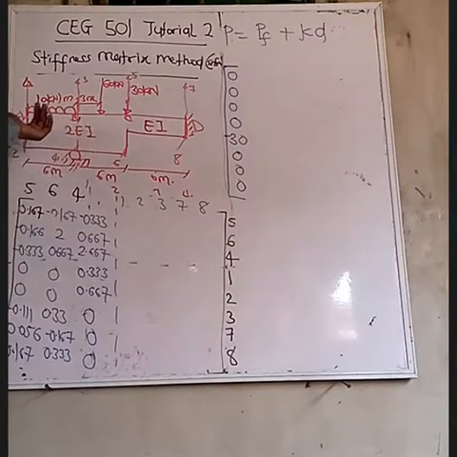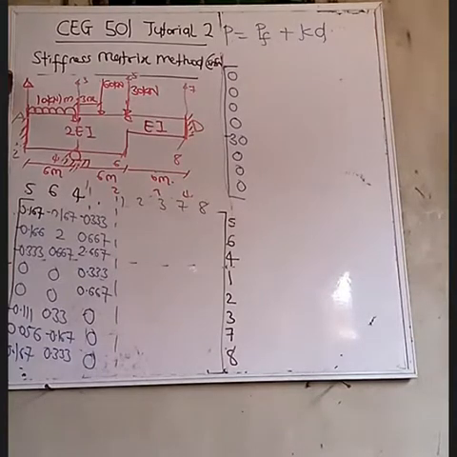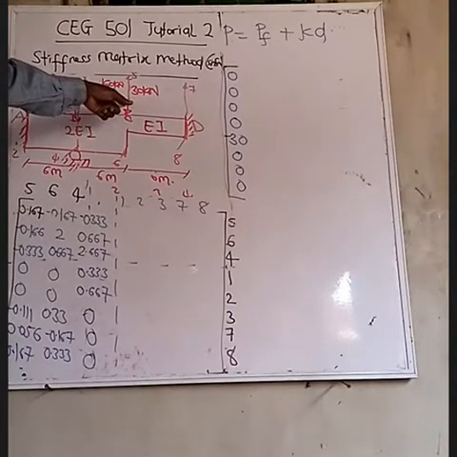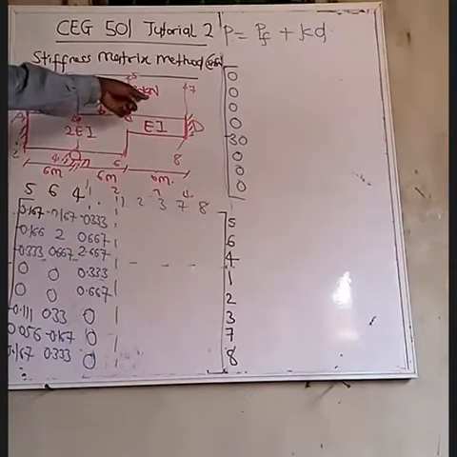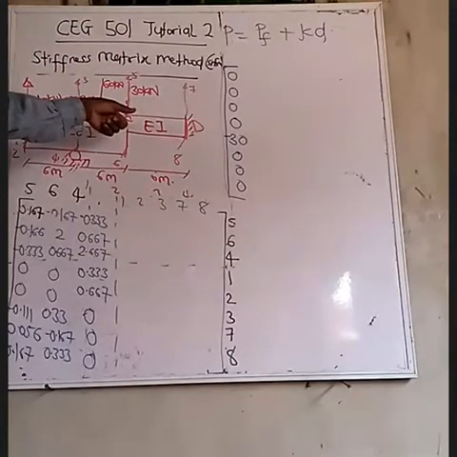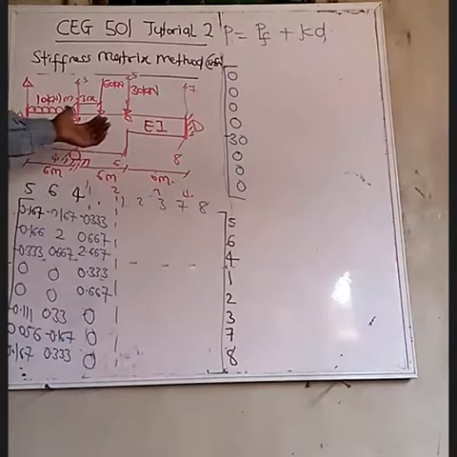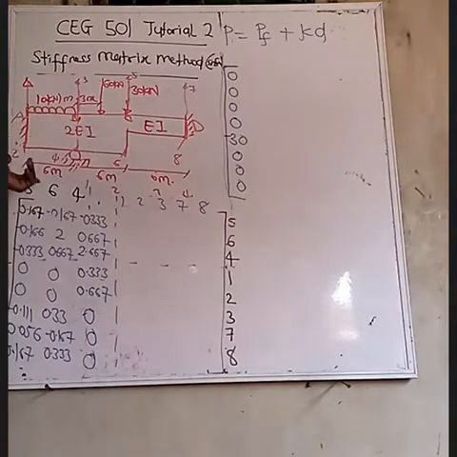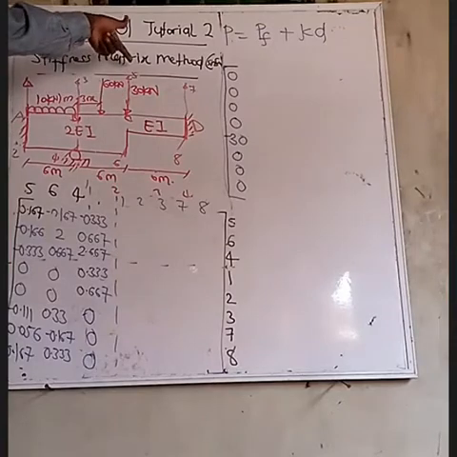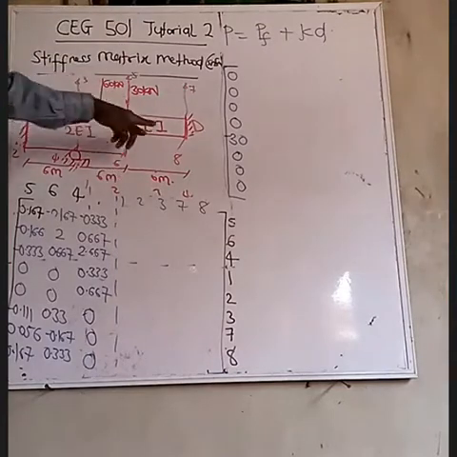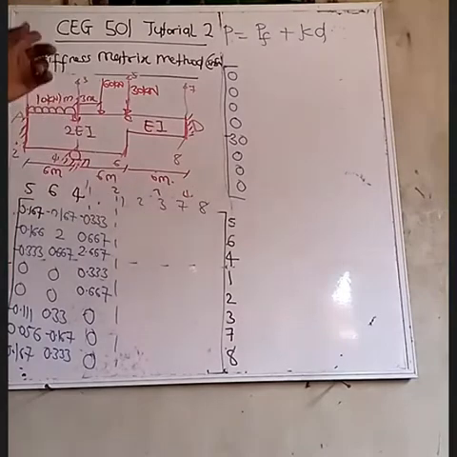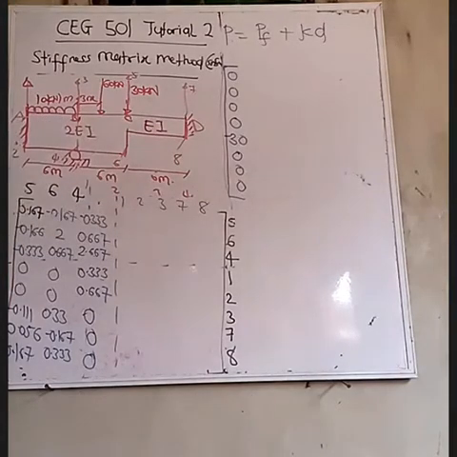No moment was applied here. At this point, there was an applied force going down, 30 kilonewton. At the supports there is no applied force and no applied moment, because they are restrained. Here there is an applied force acting down, which is negative, so that's why it is minus 30. I'm very sorry for that mistake. Is that clear to everyone?